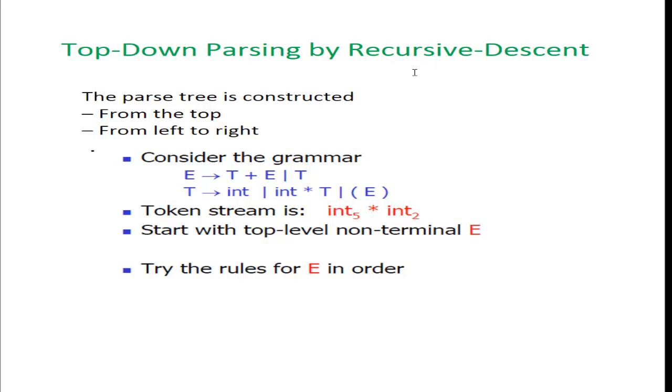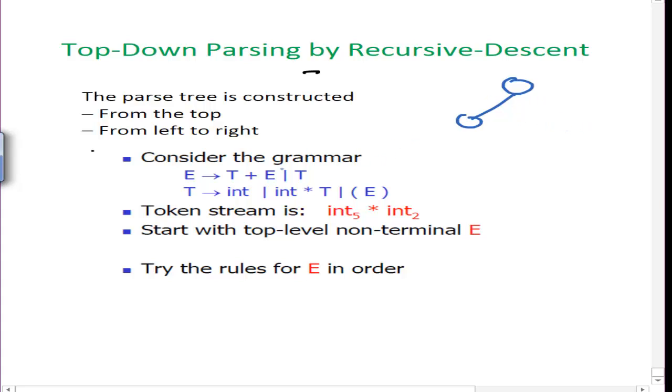In a recursive descent, the parse tree we construct is built from the top and from left to right. So we start from the top, then from the left, and then go to the right.